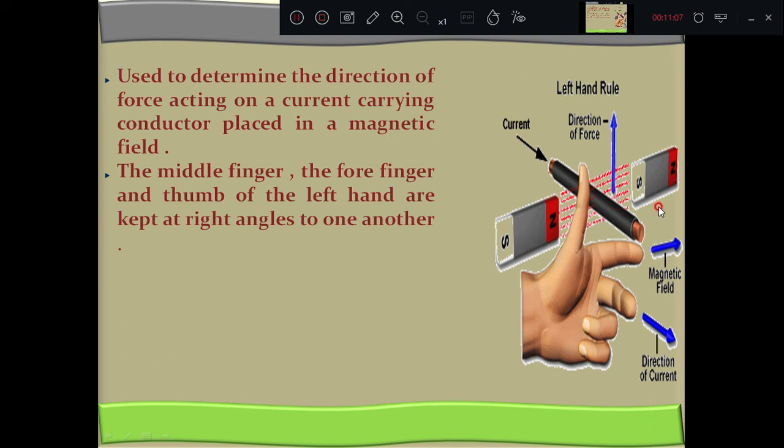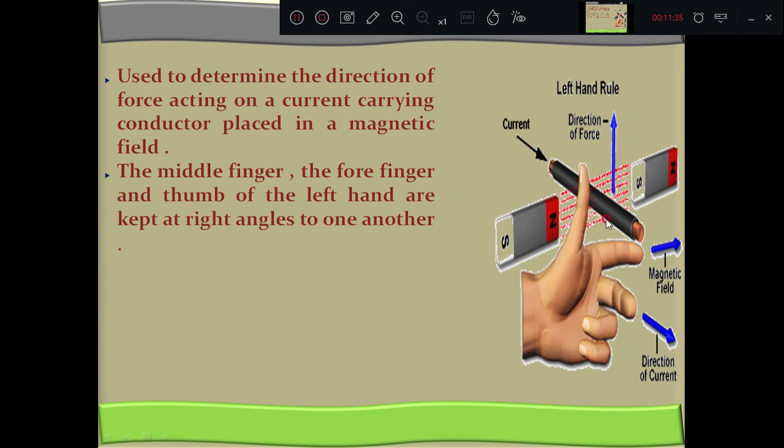In both cases, we need a magnetic flux as well as a conductor. In the generator, we want a rotation of the armature so that we can get the current. But in the motor, I have a magnetic field, I have a conductor, and what I want is the current, that is the electrical energy. If we pass a current here, because the current carrying conductor is placed under a magnetic field, a force is exerted.